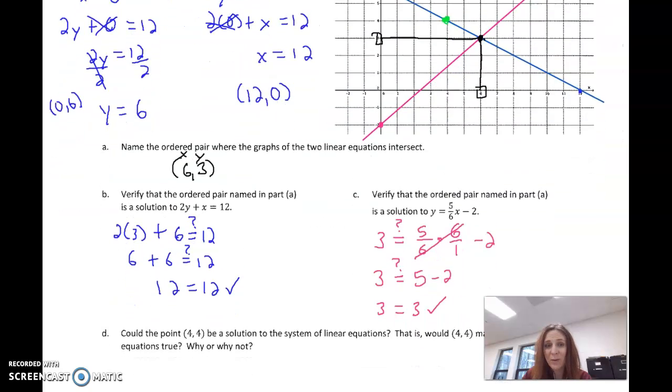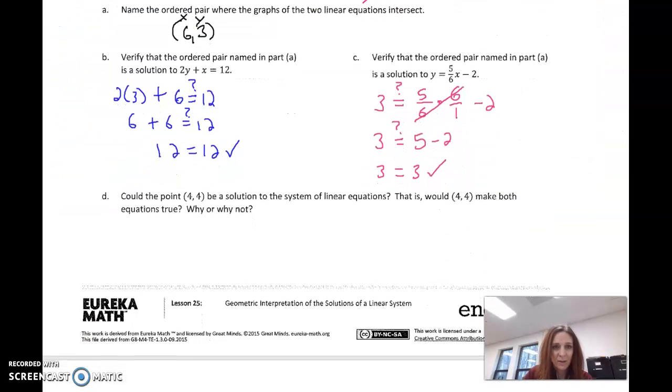So if I took that first equation and plugged these in, 2 times y, which is 4 in this case, plus 4, does that equal 12? Well, 2 times 4 is 8. 8 plus 4 does equal 12. That checks. It is a solution to that equation.